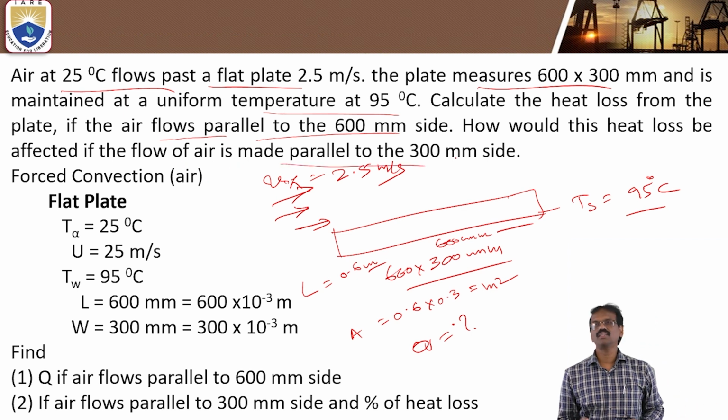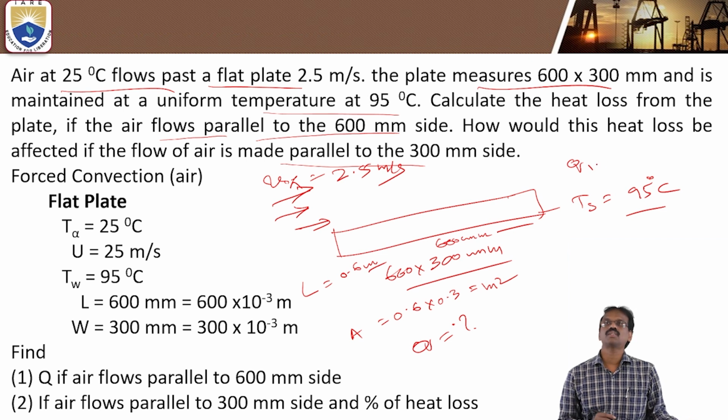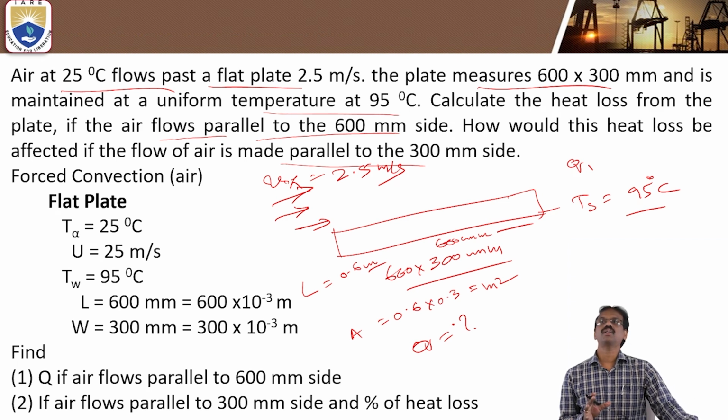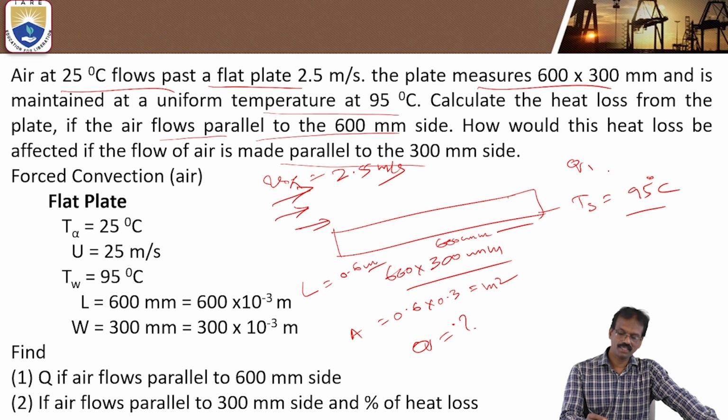So here there are two conditions. One, the flow parallel to 600 mm, by which you find the Q1 value with respect to 600 mm. Then the flow parallel to 300 mm, that is the second condition, flow in this direction.